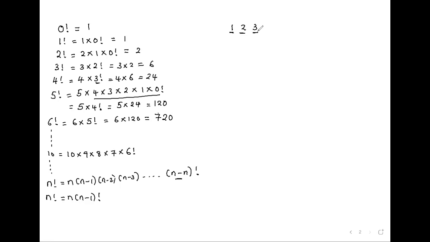And then they ask, how many ways can you pick 2 numbers from 1 to 3? How many combinations are you able to make if you're getting two numbers? Well, this one we can do.